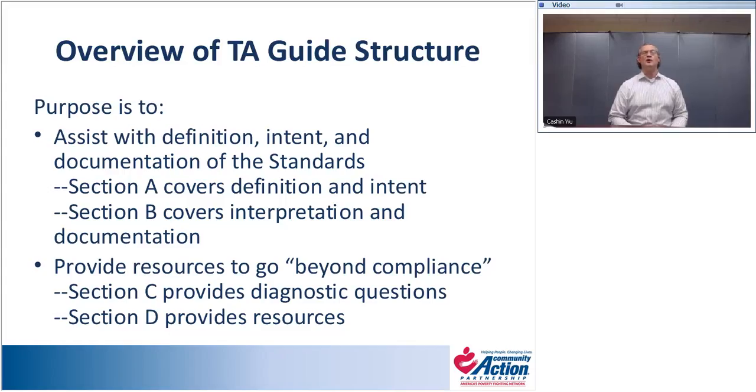Again, our usual caveat applies that it's ultimately up to your state CSBG lead agency, your state office, to define what the standard means and what documentation you will need to show. But we provide our best guess at what that documentation will most likely include, just so folks can get a jump on thinking through what type of supporting materials they might need to supply when they are monitored against the standard, and to just help with that planning process.